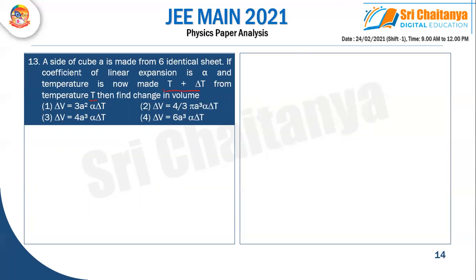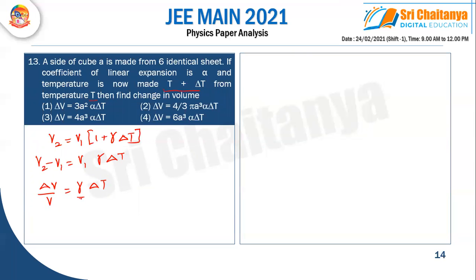From thermal expansion, V2 is equal to V1 times 1 plus gamma delta T. When I open the brackets, I get V2 minus V1 is equal to V1 gamma delta T, and this is the change in volume by original volume, equal to gamma delta T.